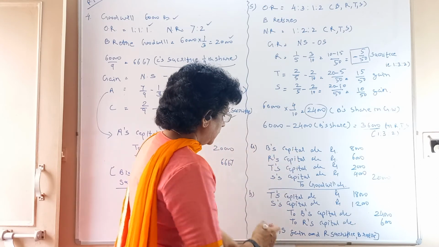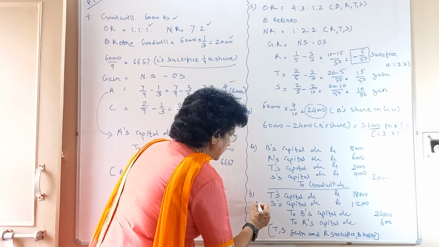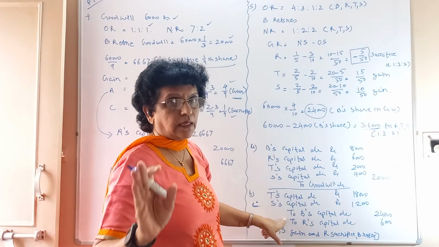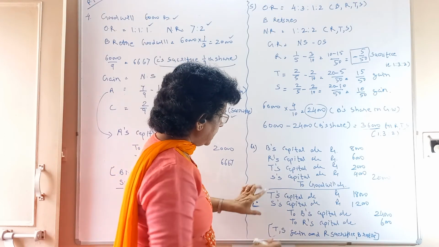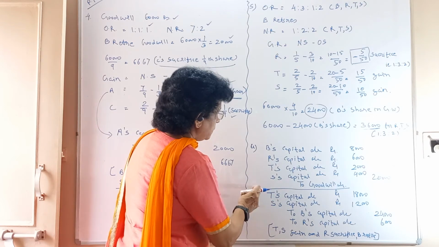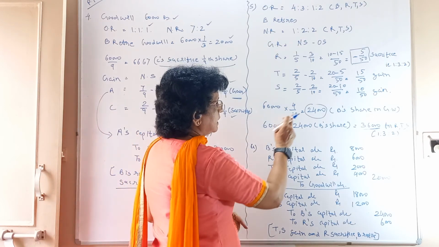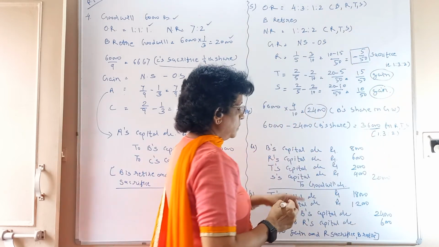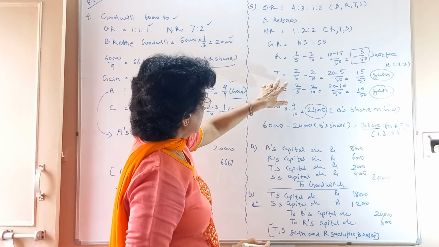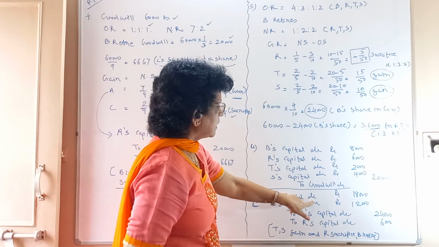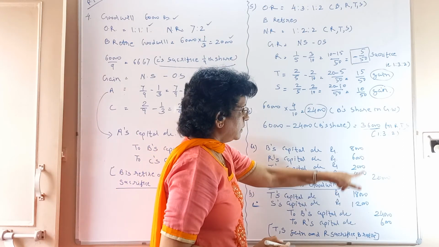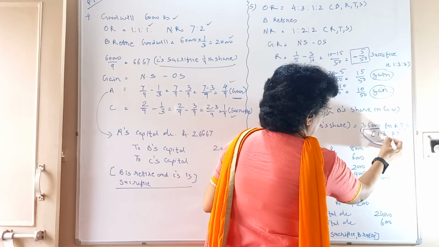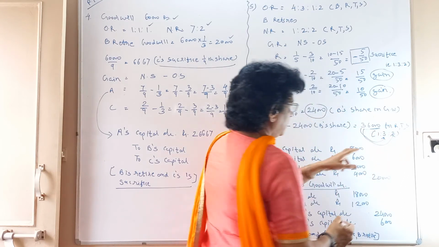Now this is an important journal which you have to understand well. In the ledger posting when you do it, you have to be very careful. Here what happened? These two capital accounts are debited. Which two capital accounts are debited? Those of the gaining partners. So T's capital account is debited 18,000. We have done the 36,000 portion, 2/5.